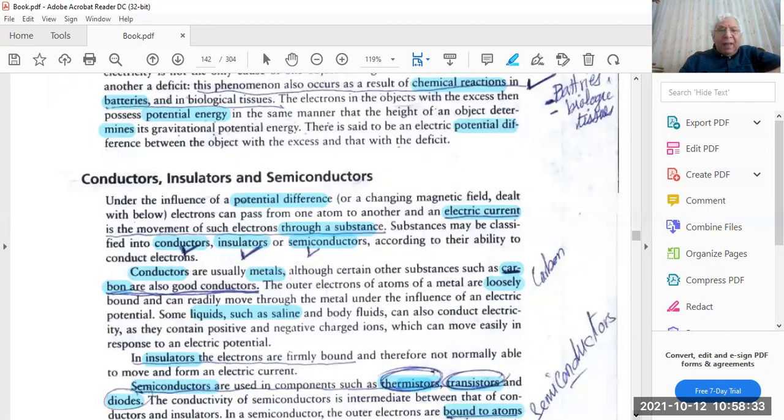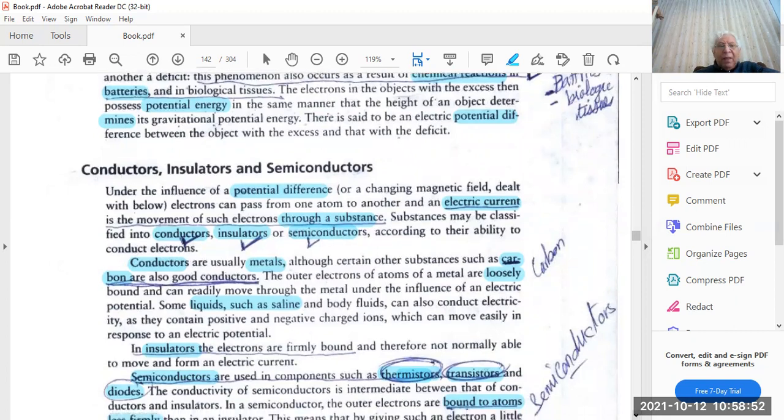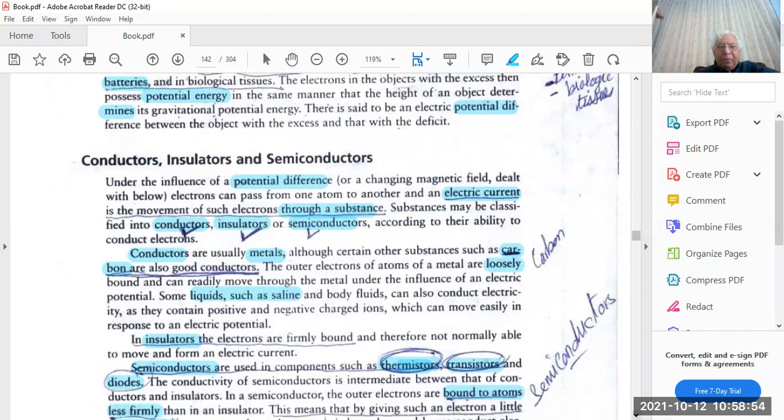Semiconductors, like thermistors and diodes, conduct electrons less than conductors do, but they need some sort of energy to make the electrons move. This makes a difference.